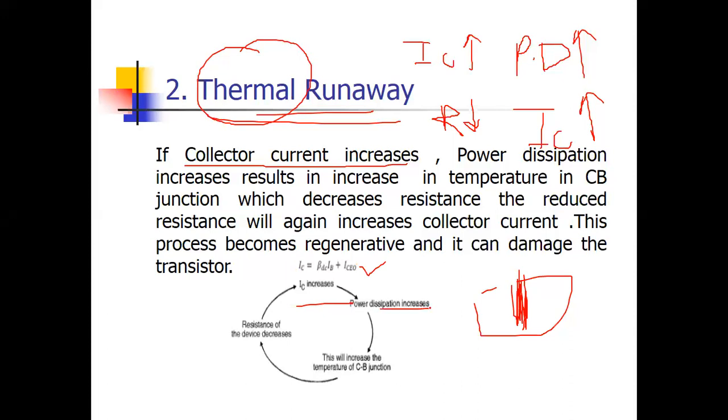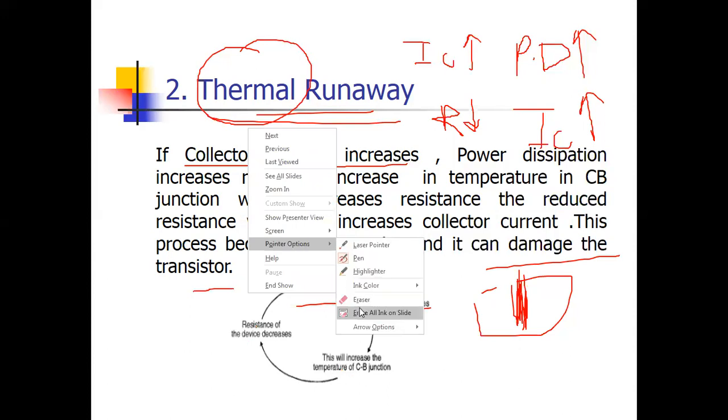IC increases, power dissipation increases, the power dissipation of the junction increases. So again temperature increases, again resistance decreases, again current increases, and this goes on and happens again and again. Then more heat will be there that can damage the transistor. That is the concept of thermal runaway.